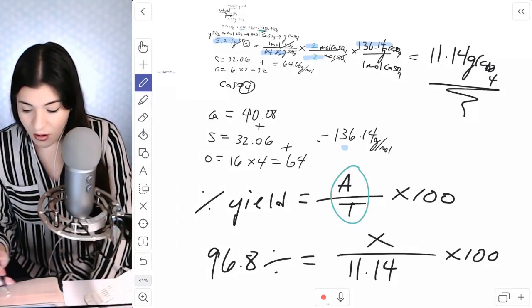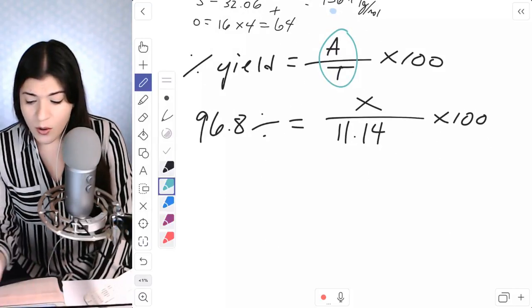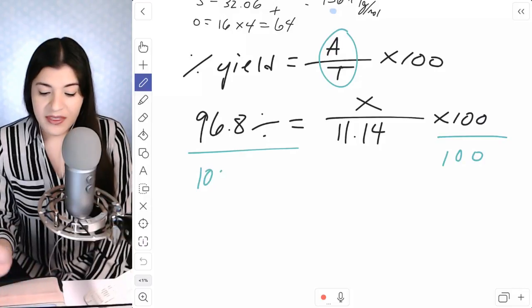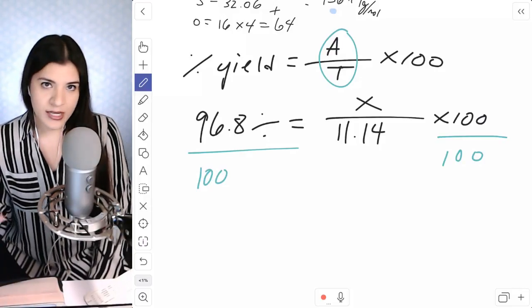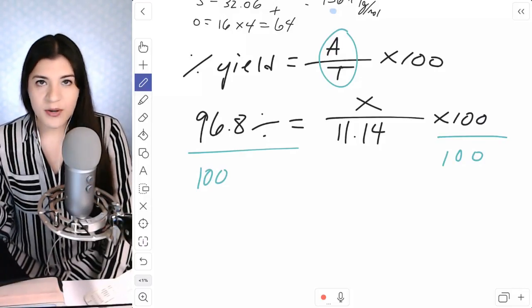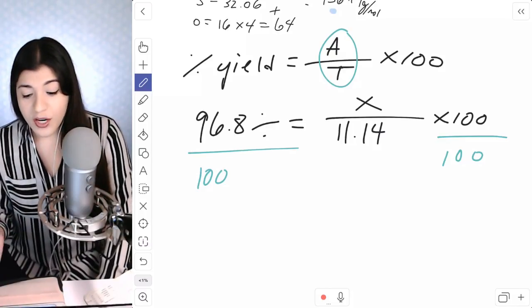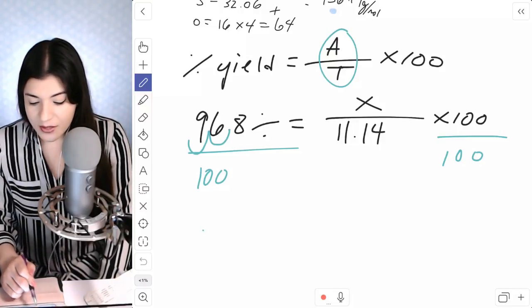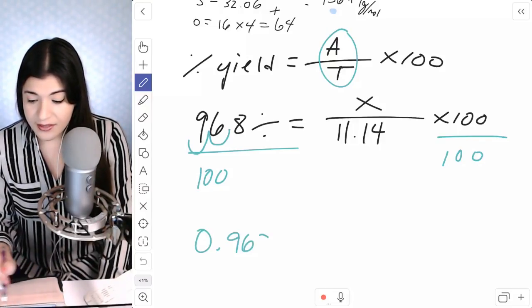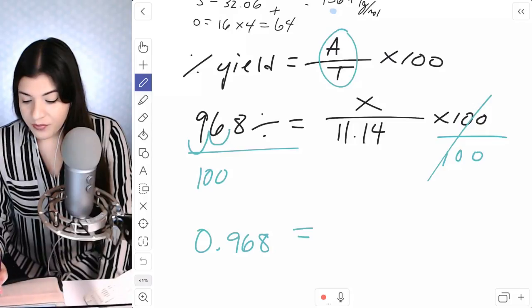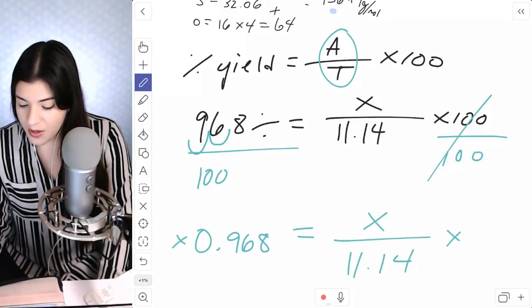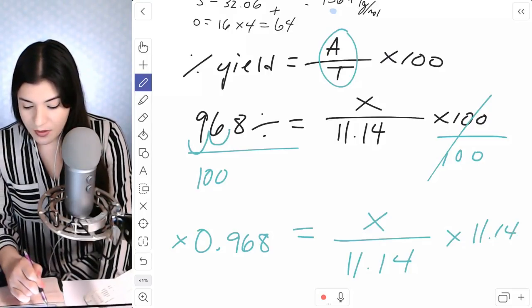Now, I'm actually not going to multiply by the 100. Instead, what I want to do is divide both sides by 100 to get rid of it, and to get rid of that percentage and put it into a regular number. So it's no longer going to be a percentage. I would move this decimal place over twice to the left. This would give us 0.968, which cancels out the 100. And now my last step is to multiply both sides by that 11.14.